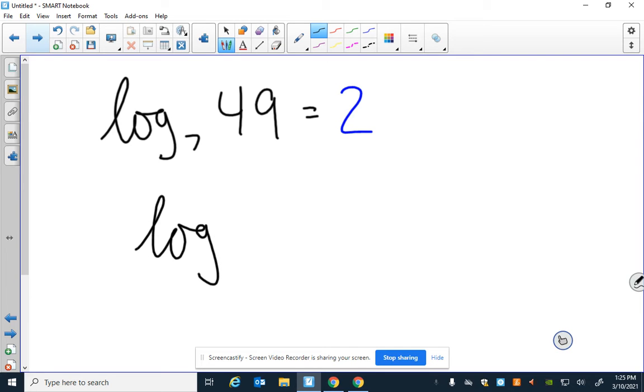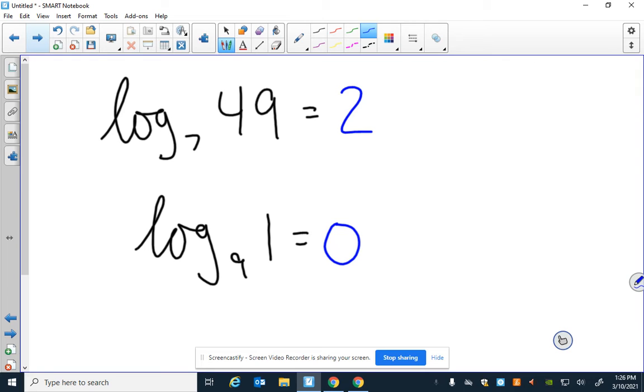Log base 9 of 1. Try that one in the calculator or see how well you know your log patterns right now. Hopefully you knew it was 0.